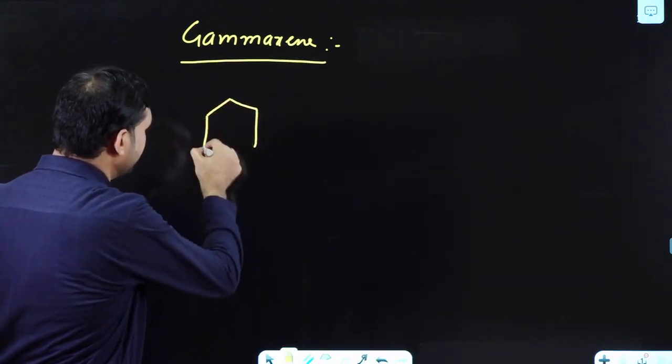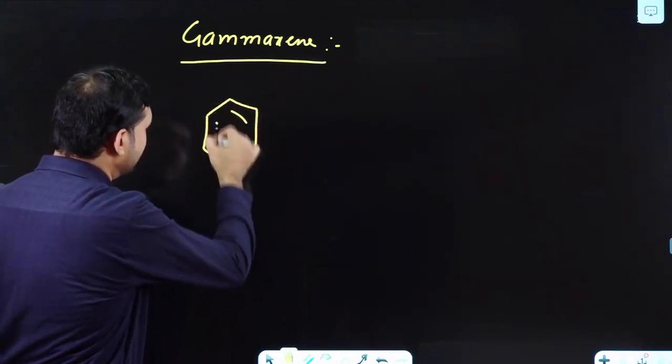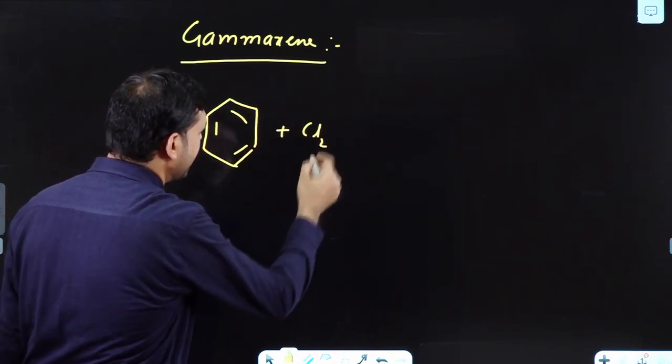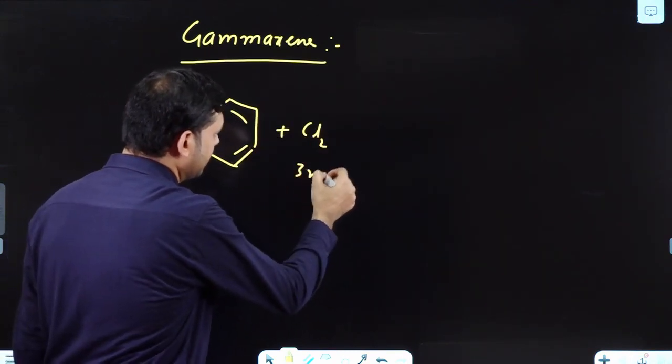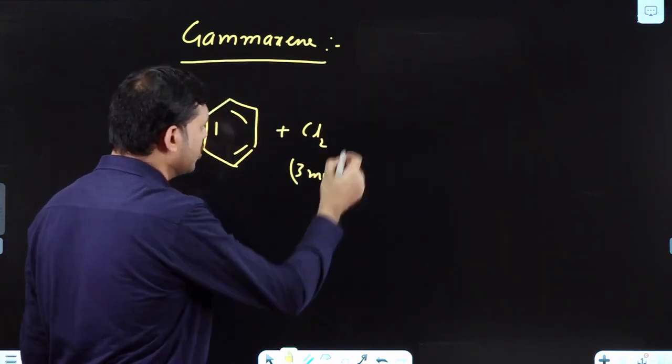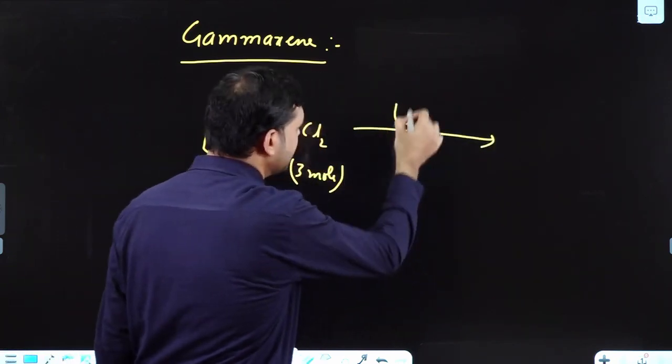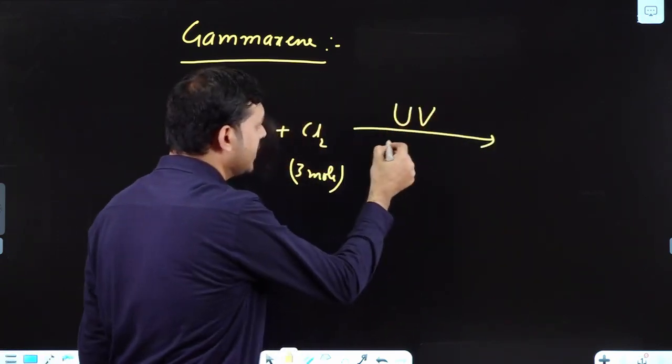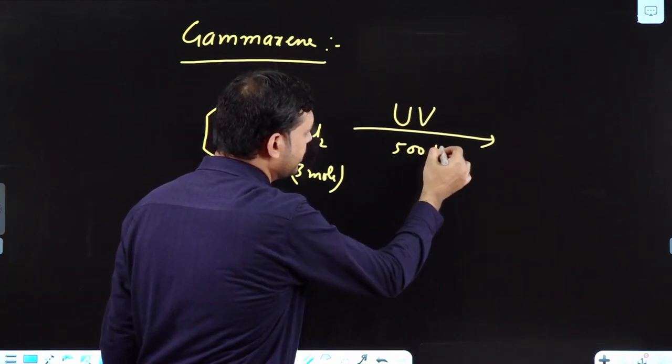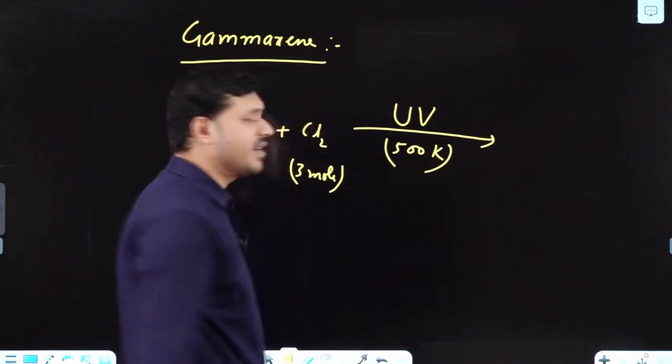The general method used is the reaction of benzene with Cl2. It is used 3 moles, okay, in the presence of ultraviolet light, UV light, and the temperature used is high, approximately 500 Kelvin.